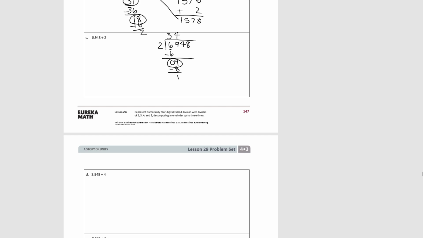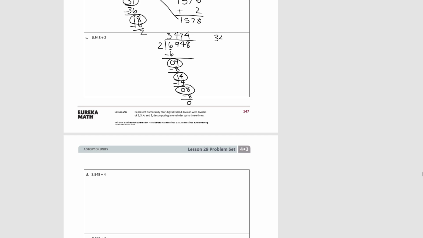We have 100 left. We'll decompose that into tens and add it to the 4 tens that are there. We can put 7 tens in each group. We've used all our tens. We still have 8 ones. We can put 4 in each group. 4 ones 2 times will be 8, and we have no remainder.